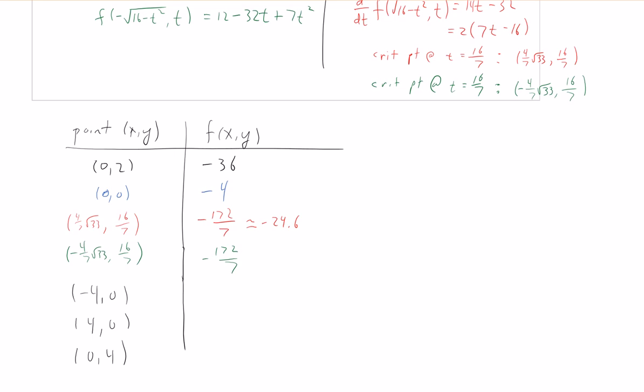Now for the first two, if x is either 4 or negative 4, and y is 0, then we just get x squared is 16 minus 4. We'll get 12 for either of these. And for the last one, if x is 0 and y is 4, then we'll get 8y squared minus 32y minus 4, which is negative 4.